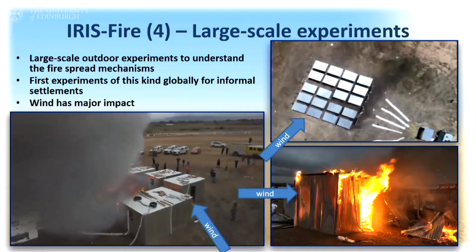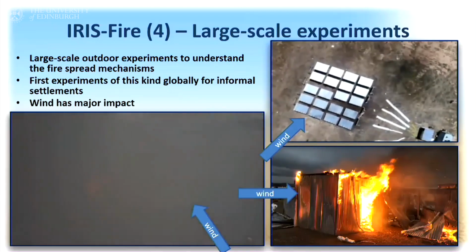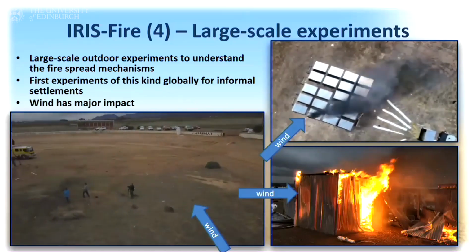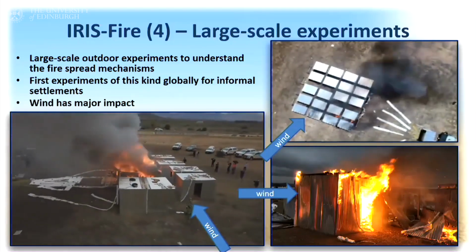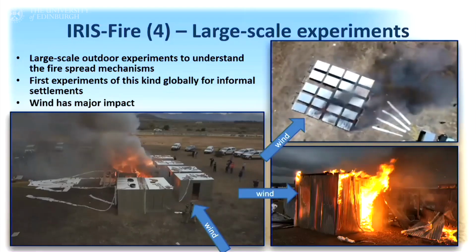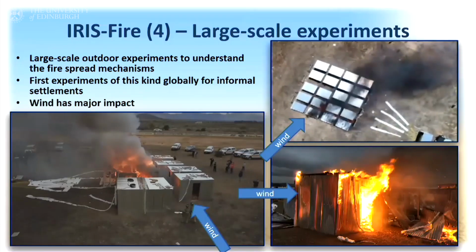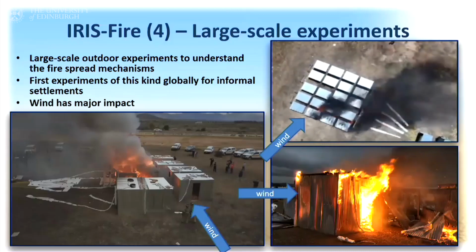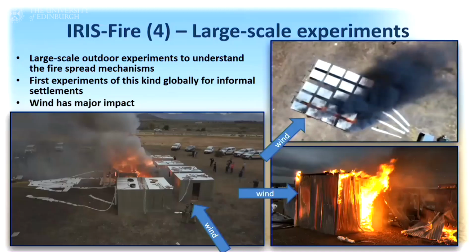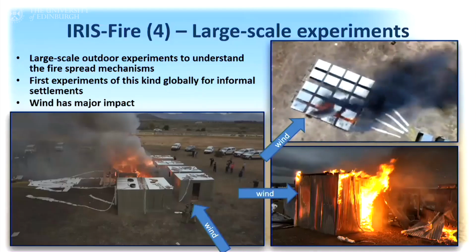And then up here, this is sped up 4 times. We set a light to these 4 dwellings at the start, and we wanted to see how the fire would spread. The wind is coming from this direction, as you can see from the smoke. And so these 4 catch, and then quickly the next 3 catch, and then it's a little bit slower up here.